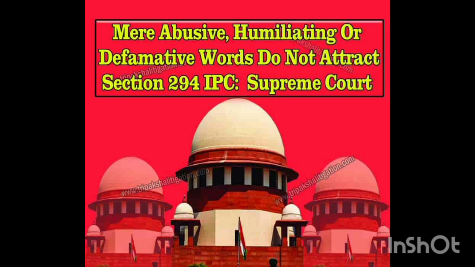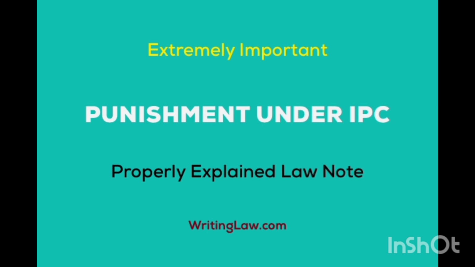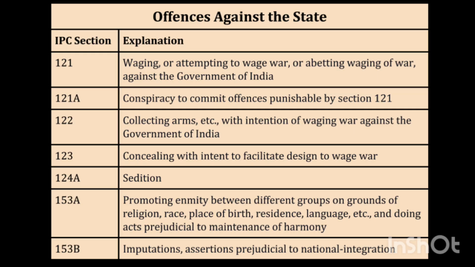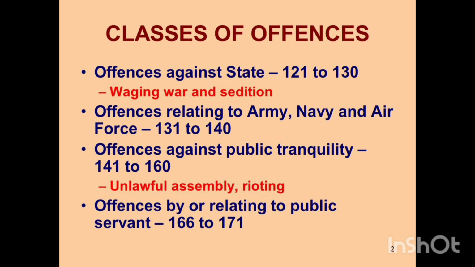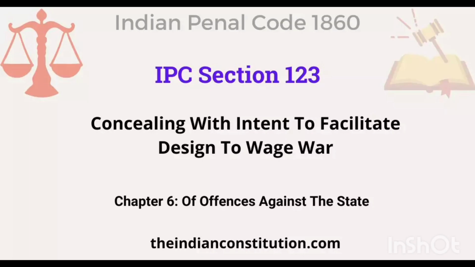Chapter 20A, section 498A, cruelty by husband or relative of husband. Chapter 21, sections 499 to 502, defamation. Chapter 22, sections 503 to 510, criminal intimidation, insult and annoyance. Chapter 23, section 511, attempt to commit offenses.